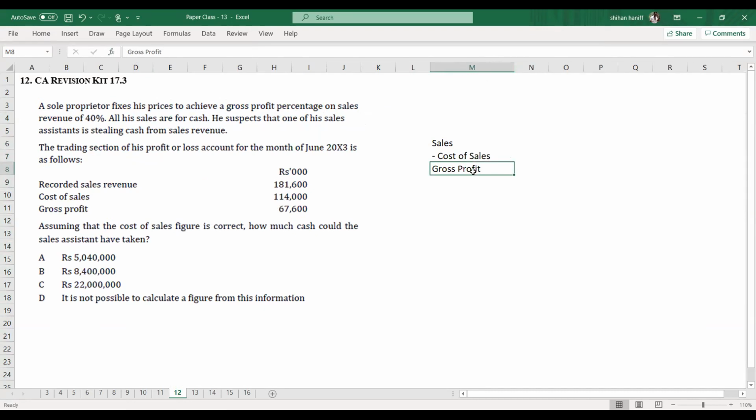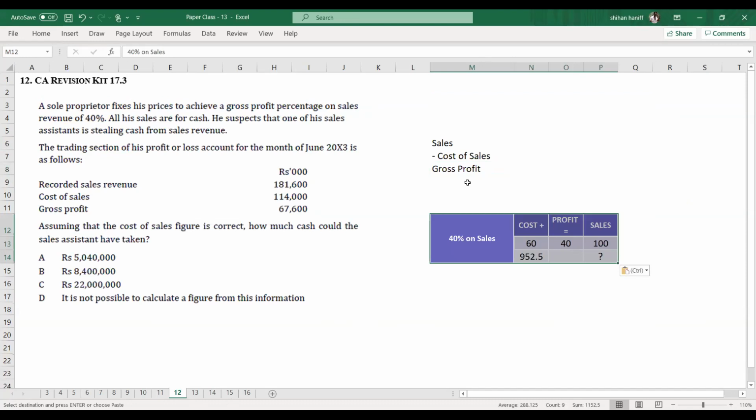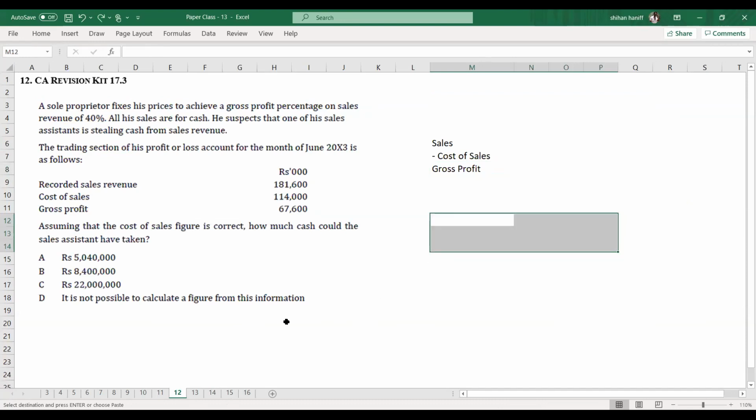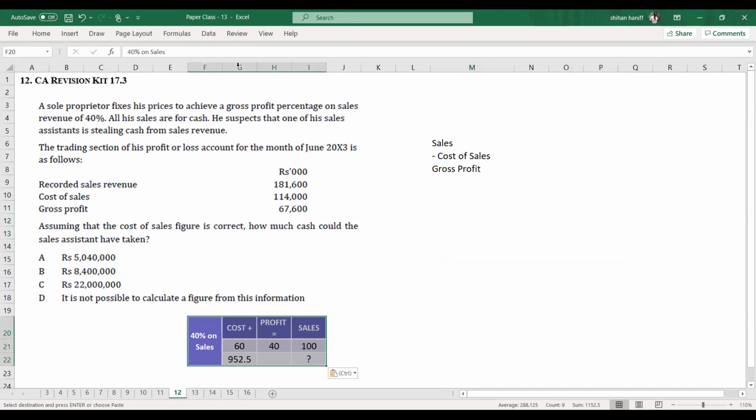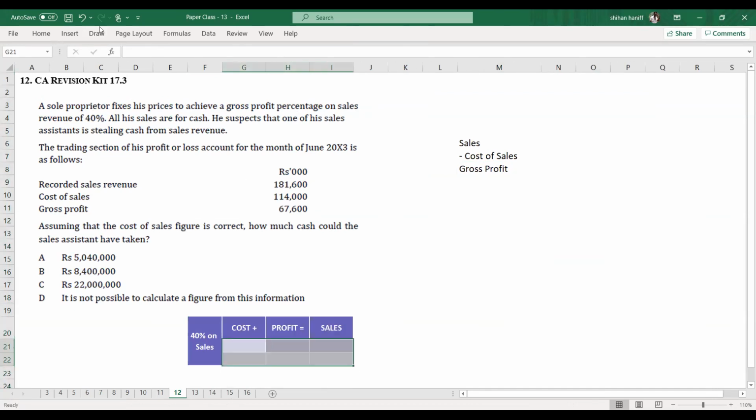We use this equation. Now the profit ratio is on sales 40%.